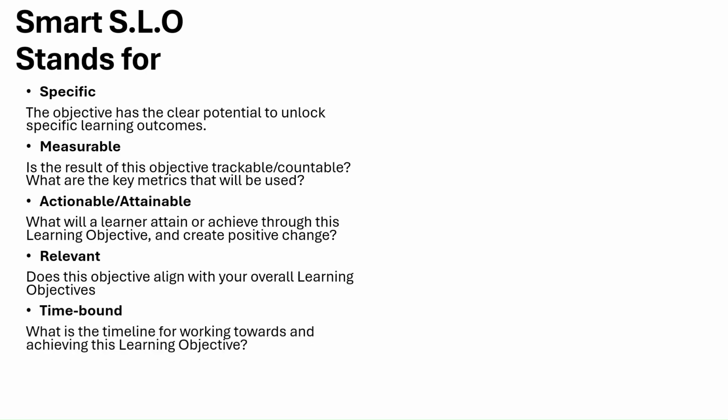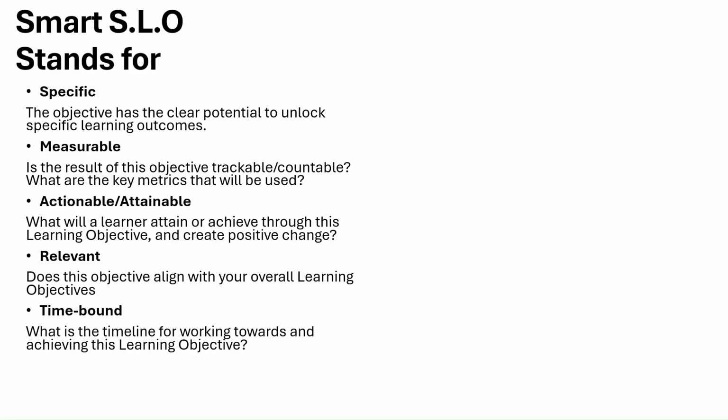Time bound is a very important thing. You cannot give learning an unlimited time. You need to end it in a given time frame. So what is the time frame to learn that particular outcome? It may be a month, a week, a day or a period. That depends on the learning period.